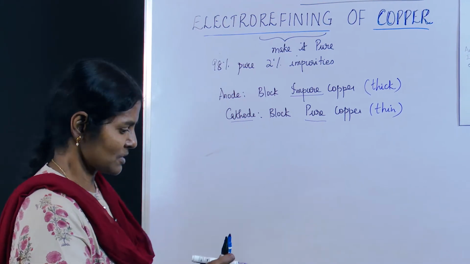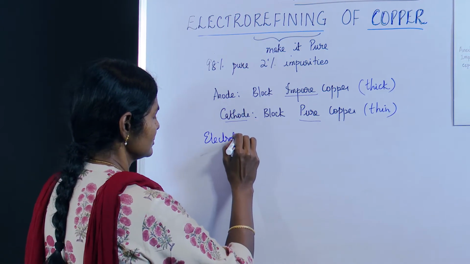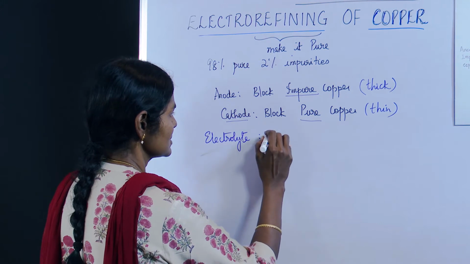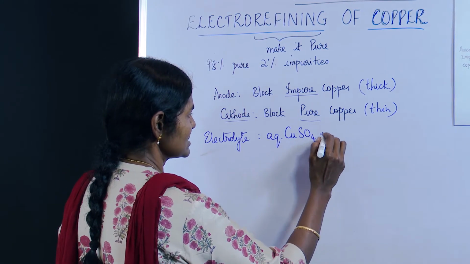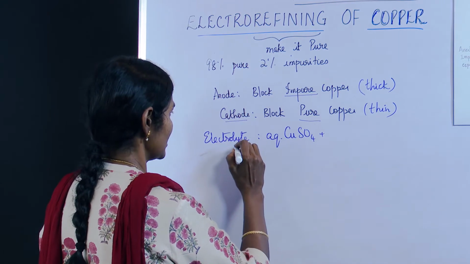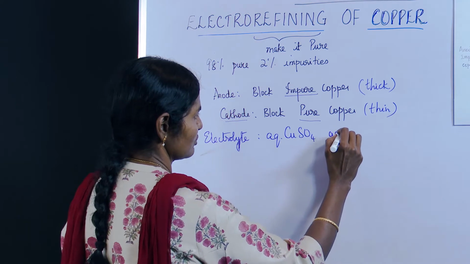Now what is the electrolyte made of? Again it is aqueous copper sulfate, plus of course we also have dilute sulfuric acid. It is acidified.